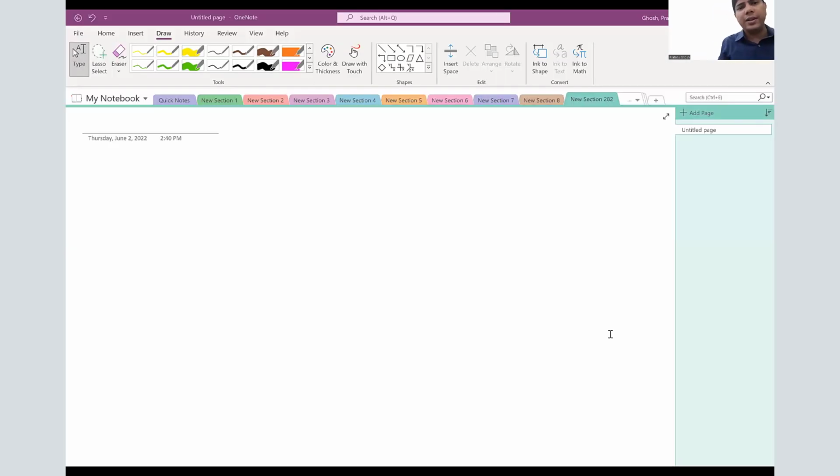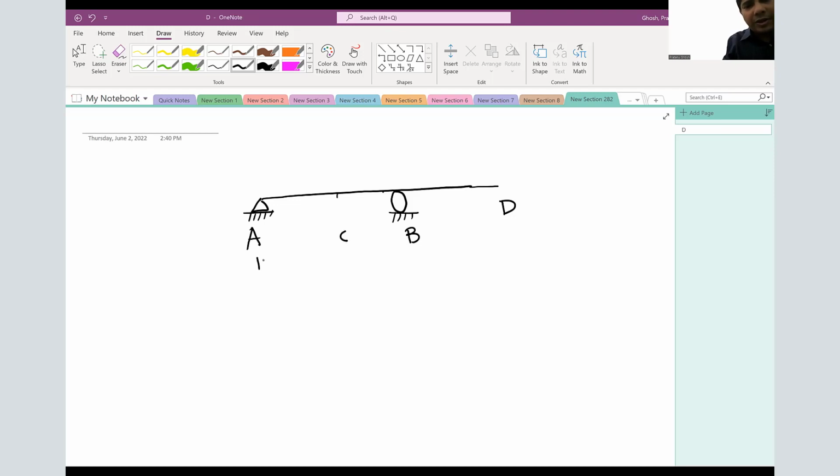So let's solve it. We have A pin, B roller, and then we have D, which is the free end, and in between you have another point C. A to C is 12 feet and C to B is 6 feet.